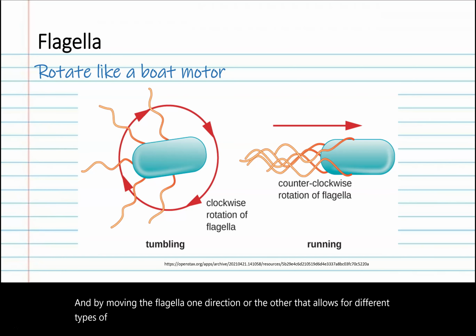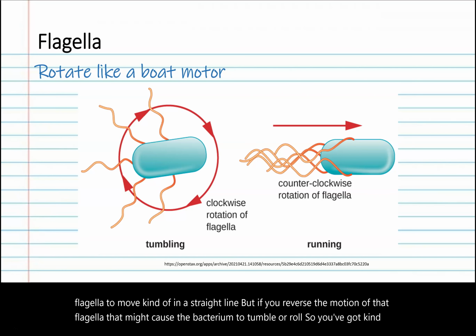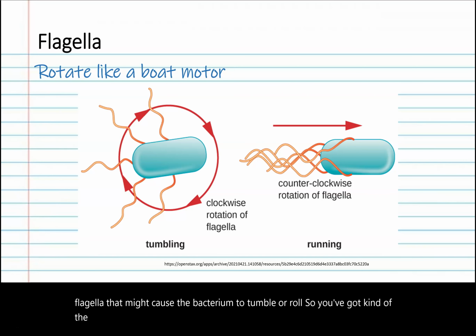So counterclockwise movement, for example, allows the flagella to move kind of in a straight line. But if you reverse the motion of that flagella, that might cause the bacterium to tumble or roll. So you've got different patterns of movement that you see in our microorganisms based on which direction they're moving the flagella at any given time.